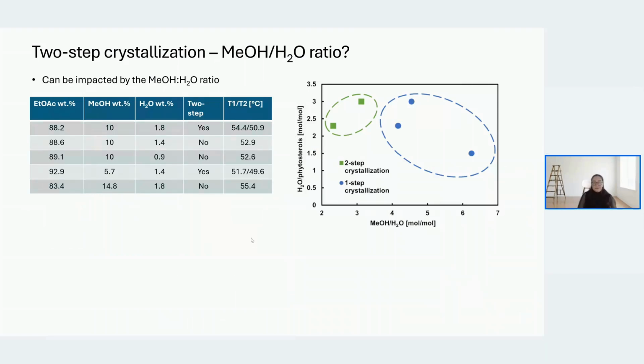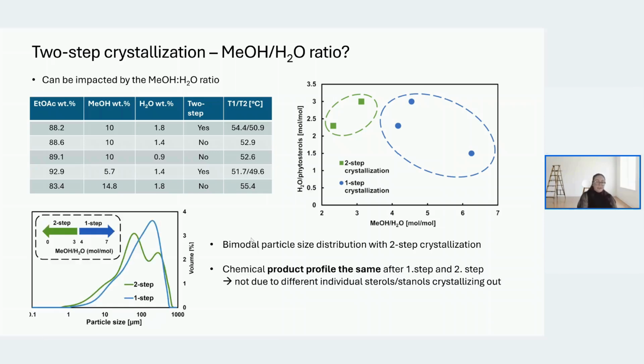Regarding this two-step crystallization, we surprisingly noticed that when we modify the methanol water ratio, we can either get this two-step crystallization visible, or we can go with a more traditional one-step crystallization. It really depends on the ratio between methanol and water used there, whether it takes place or not.